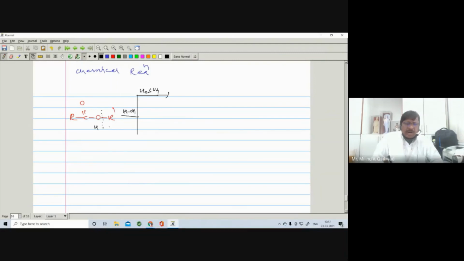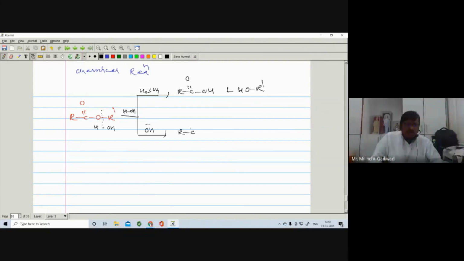Addition of H, addition of OH, and there is a formation of RC double bond O OH plus HOR dash, means acid and alcohol. But if you carry out the reaction in the presence of alkali, the acid form will convert into the corresponding salt, O minus Na plus, sodium carboxylate, plus alcohol, right?